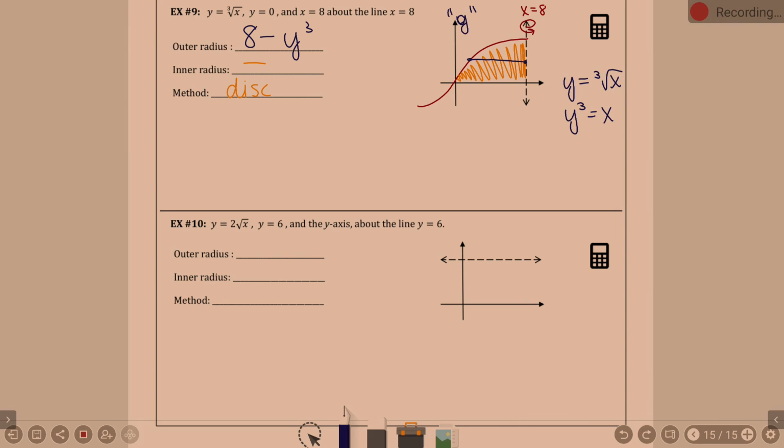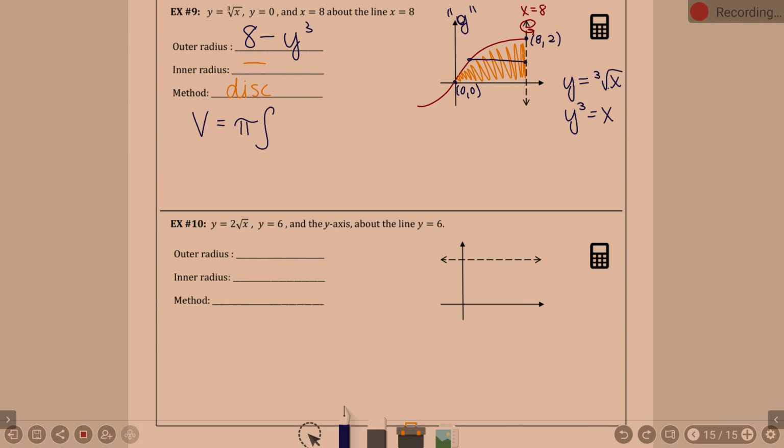So, pi. The curve goes through 0, 0, and we need to know the other point. That is going to be 8 comma something, and the cube root of 8 is 2, so 8 comma 2.